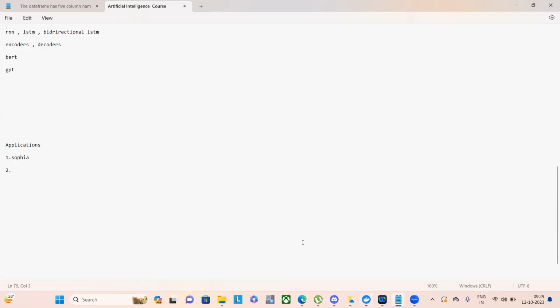In Gmail, whatever mail you have got from someone, if you want to respond to that mail, some responses automatically come up.